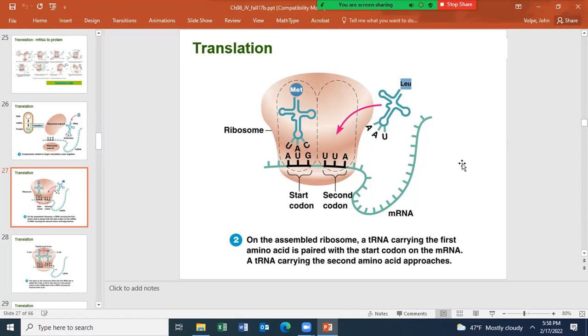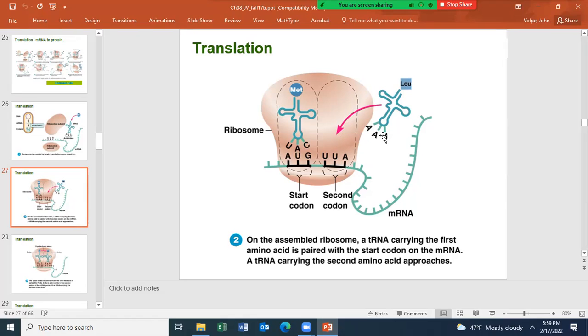The second tRNA then comes in the second spot of the ribosome, and it'll be the correct tRNA that binds to the second codon, and this codon can vary.